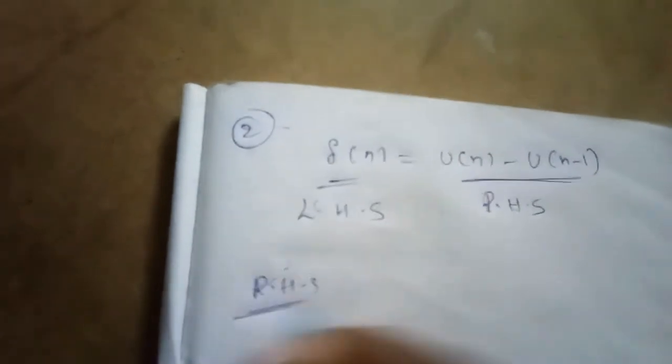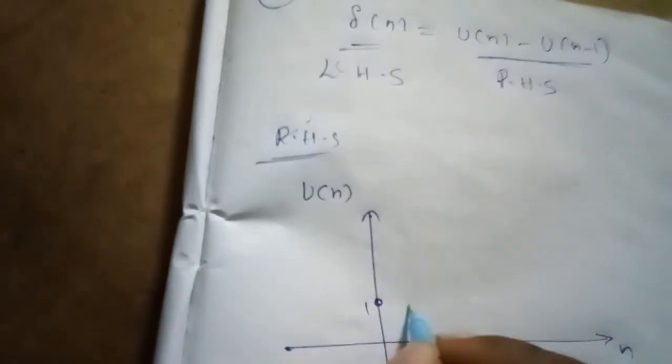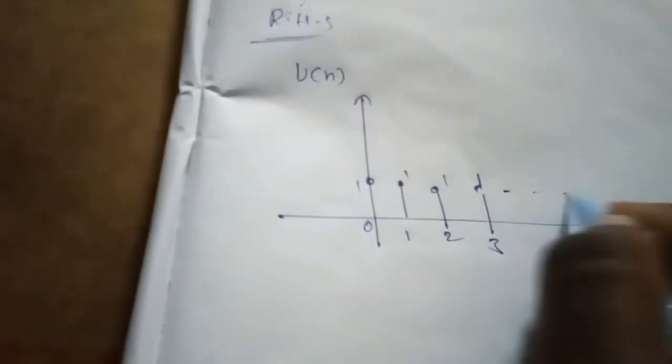First of all, considering RHS, I draw first u of n, the unit step signal. That means the signal is present at the positive side. Here 1 at 0, 1 at 1, 1 at 2, 1 at 3, like this. This is the unit step signal.